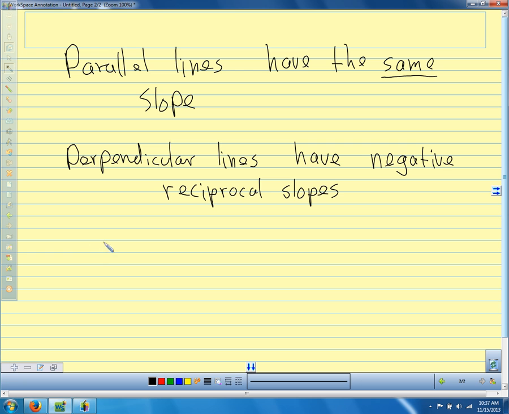Let me write a few examples of negative reciprocals. If our slope is 1/4, I flip the fraction and get negative 4, which I could write as negative 4/1. The negative reciprocal of 3/2 is negative 2/3.